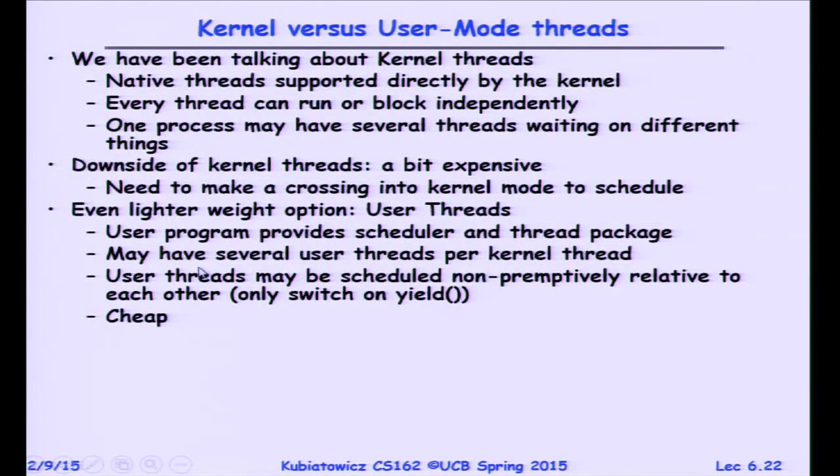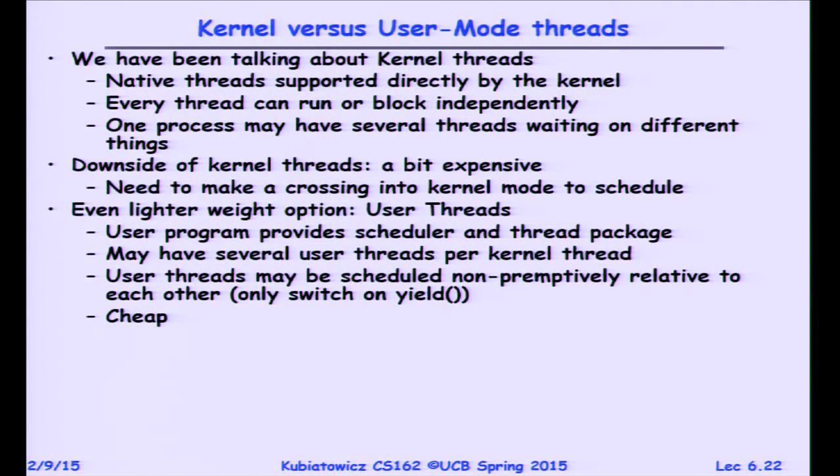Okay? So the alternative here is what's often called user mode threads, or user threads. This is something I wanted to point out. The user program itself provides its own thread scheduler and thread package. So all of that stuff I told you about, where we go into the kernel and do yield and switch and come back out of the kernel, we can do that at the user level without ever going into the kernel if we want. Now we've got a user mode thread. So there would be no red stacks anywhere in that little bouncing back and forth.